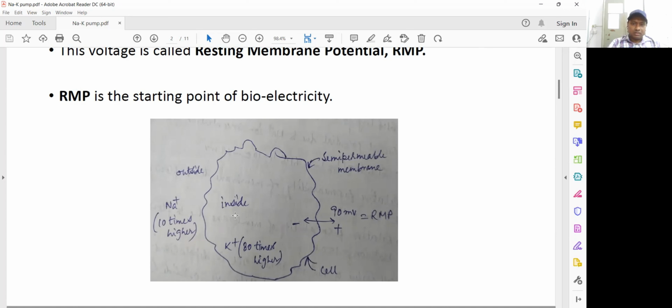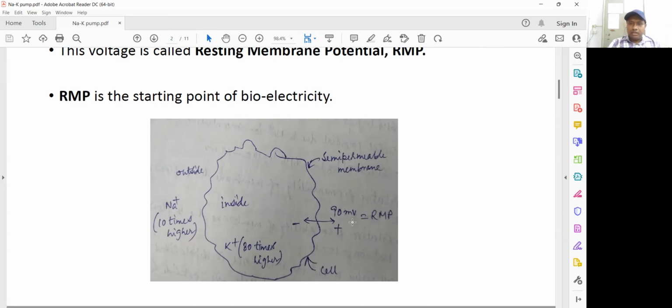Now, as you know, due to the Nernst potential, there will obviously be some voltage difference, as there is a concentration gradient between the inside and outside of this cell. Applying the Nernst equation, there is a 90 millivolt voltage difference between the outside and inside.